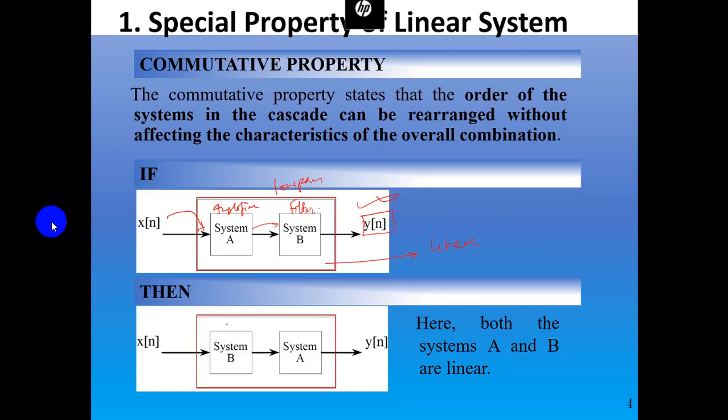Now we connect the filter first. Fed the same signal. That means the same signal is fed to the system, but in this case the only change is that the filtering operation is done on the signal first. Then the amplifier operation. There shouldn't be any change at output.